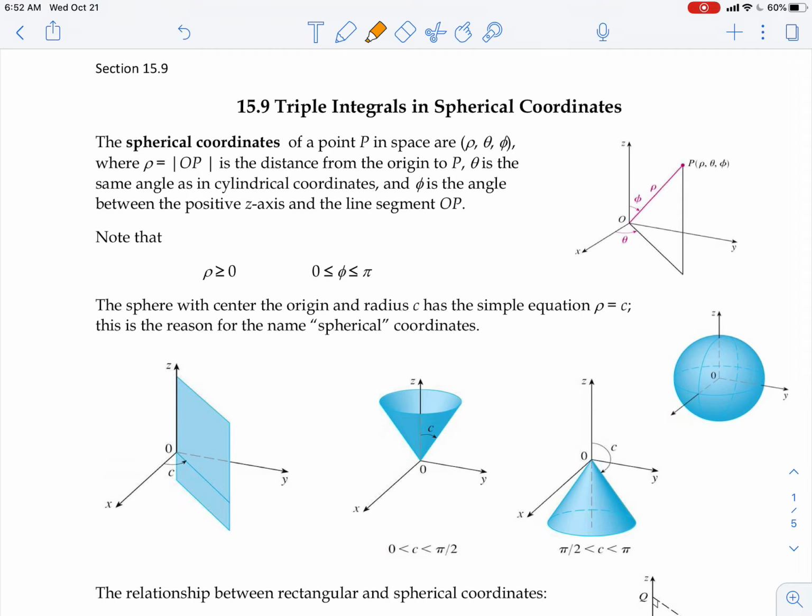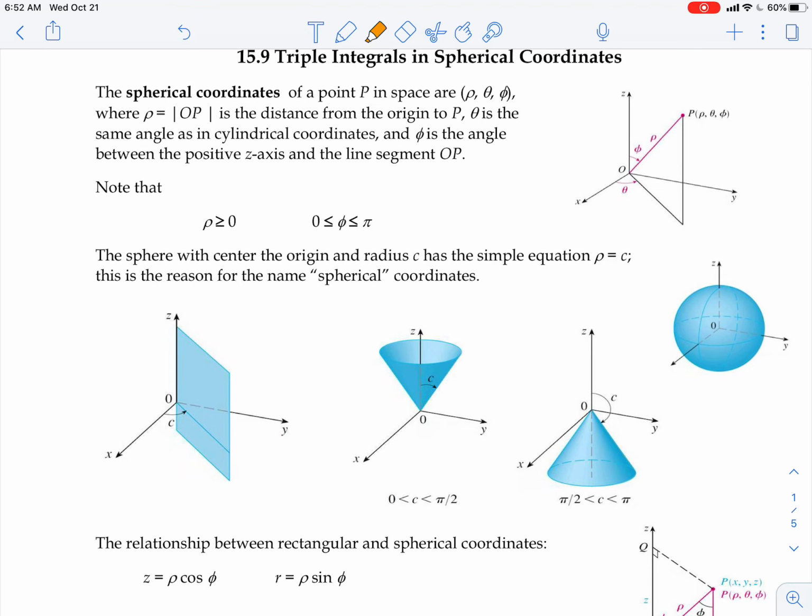All right, so the spherical coordinates of a point P in space are rho, theta, and phi, where rho is the distance from the origin O to P. Theta is the same angle as in cylindrical coordinates, and phi is the angle between the positive z-axis and the line segment OP.